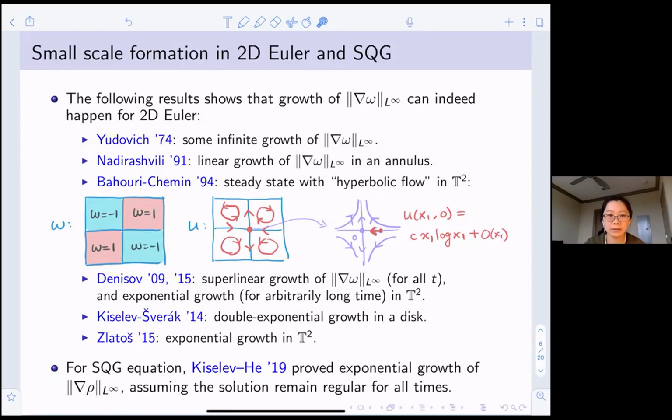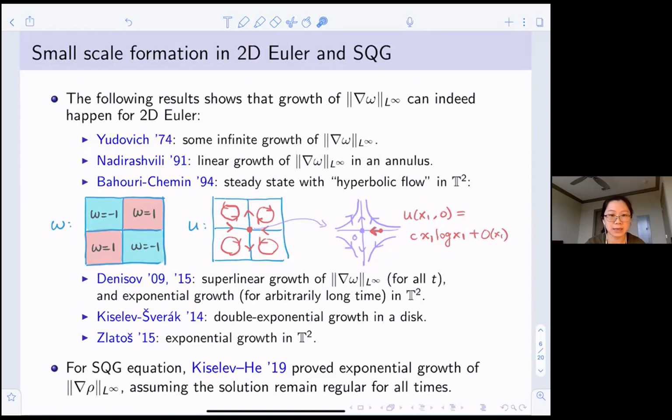Okay, and then the ideas of Denisov, Kiselev, Sverak, and Zlatos are all based on constructing smooth initial data that are perturbations of this non-smooth, discontinuous steady state, such that they argue quantitatively that this hyperbolic structure is still going to remain true in that smooth solution.